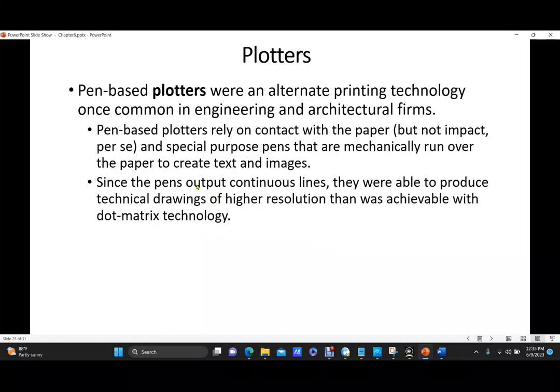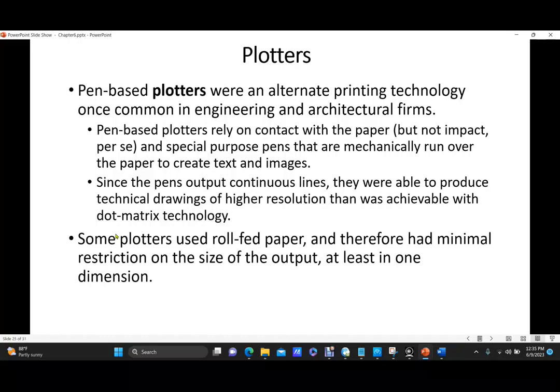Since the pens are drawing continuous lines, they can produce technical drawings of very high resolution, much higher than was available using dot matrix technology.